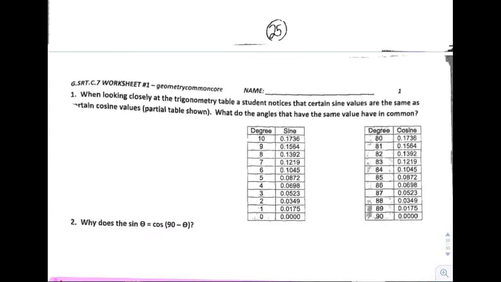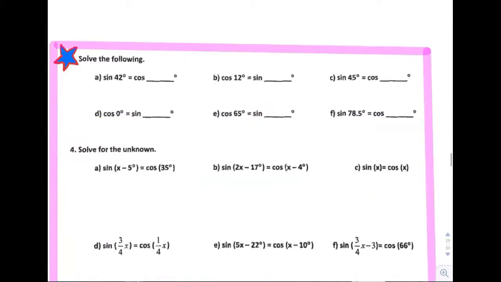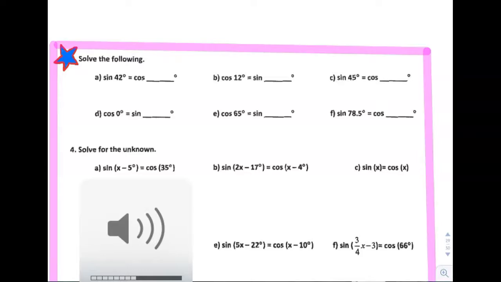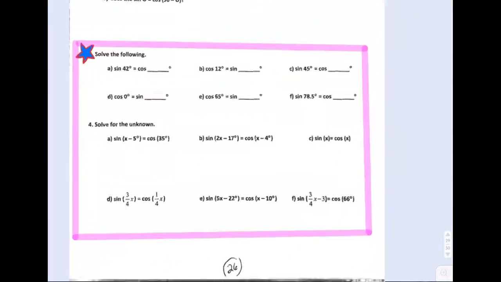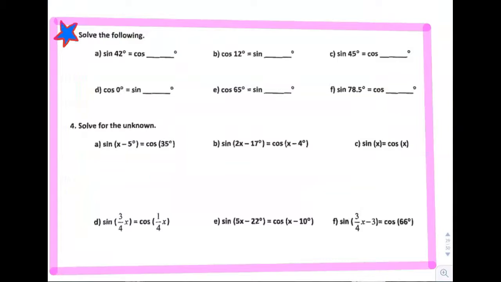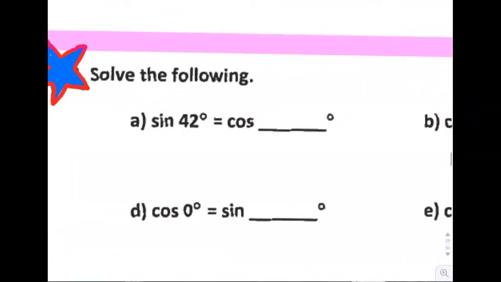All right, let's go to page 26. Let's jump forward for a minute. On page 26, we're in this bottom part, starting with question number 3. Let's look at this first example here. The sine of 42 is going to be the same thing as the cosine of, notice it's always sine and cosine every time, because they're cofunctions.